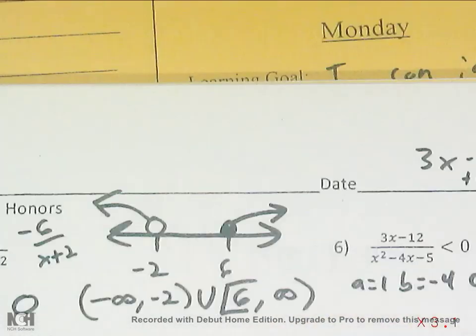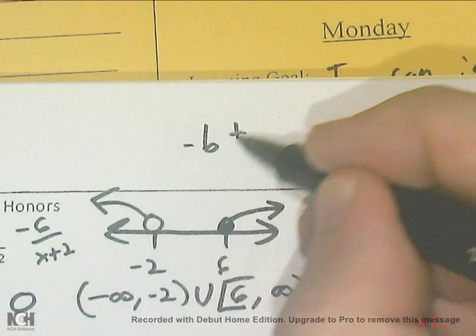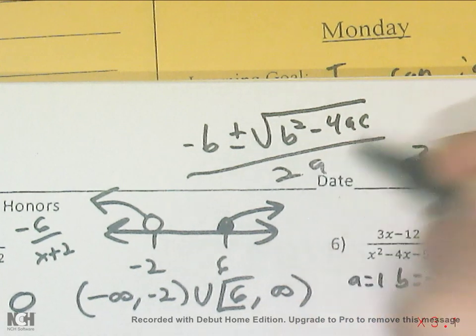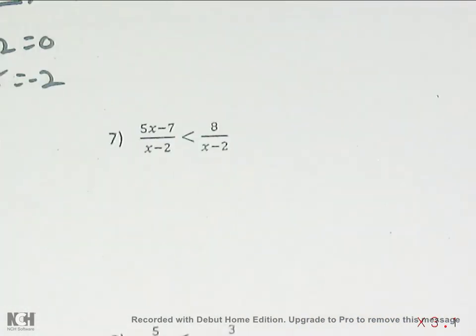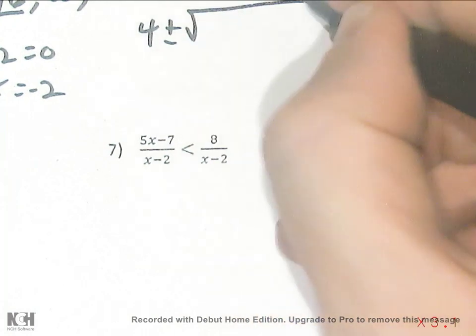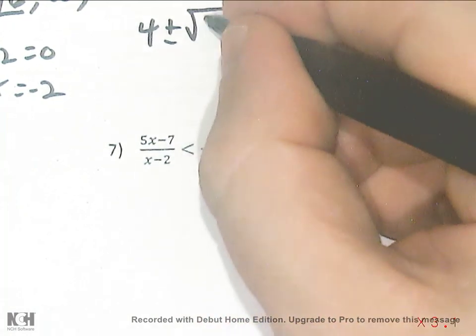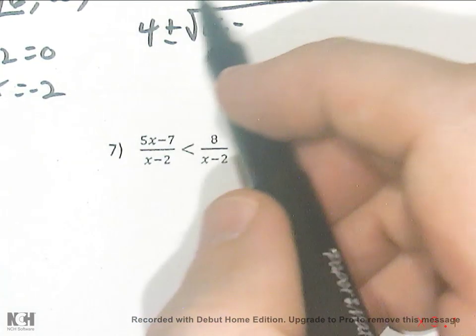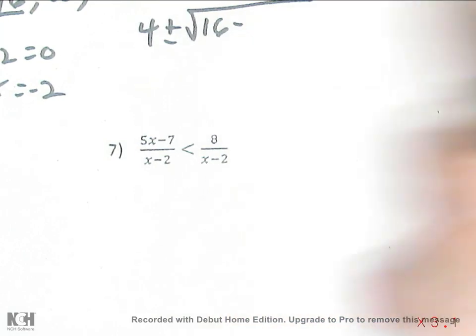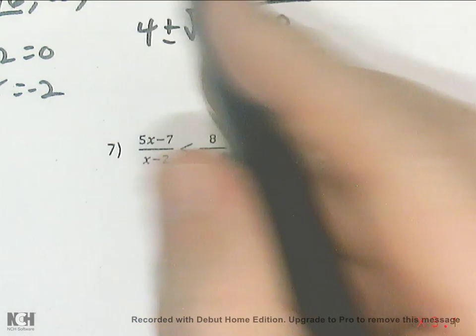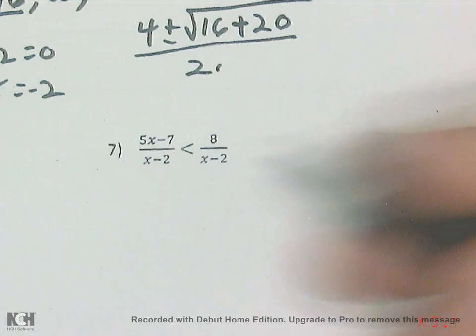My quadratic formula is negative B plus or minus the square root, B squared minus 4AC, all over 2A.